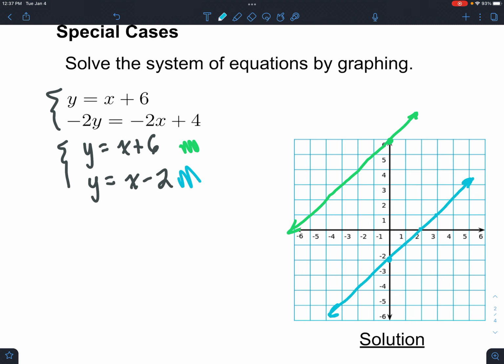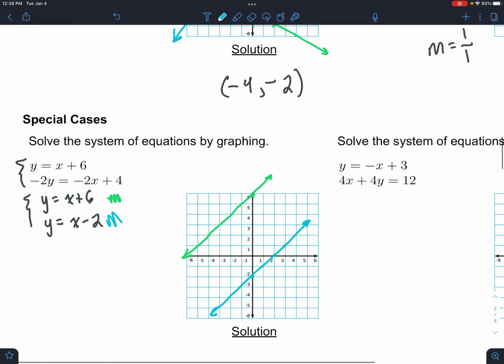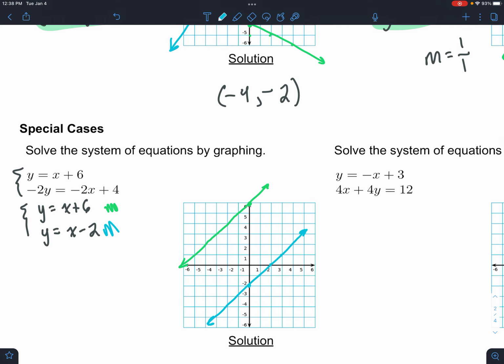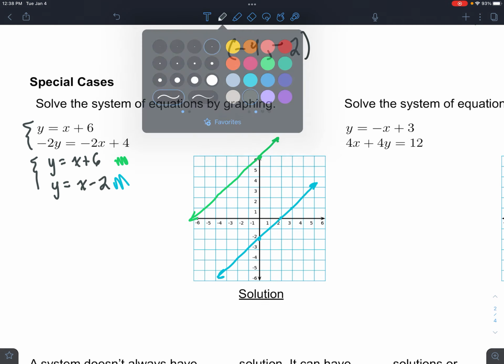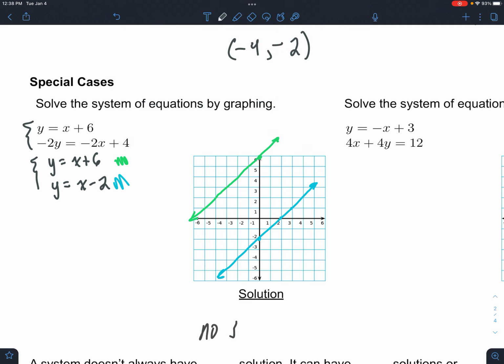We kind of get the conclusion that, hey, these lines are never going to touch. I can never pick a point that has both of these lines included on it, right? So this is what we call no solution, because there is no intersection. Okay?